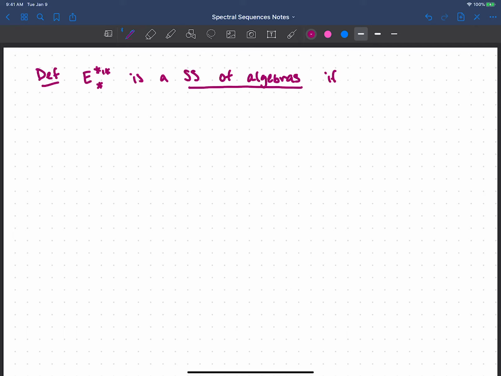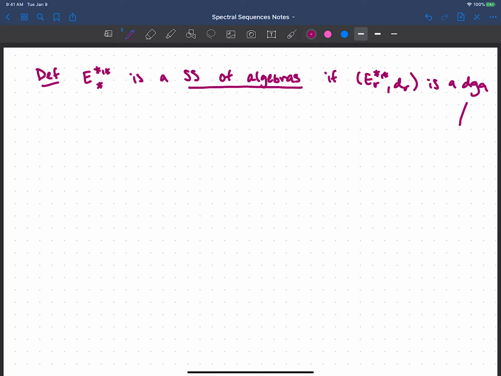And it's a spectral sequence of algebras if we look at each page and we see that this is a DGA. So that's a differential graded algebra with respect to this differential dr. And to even be able to say that it's a DGA, then I have to satisfy the Leibniz rule, right? And that Leibniz rule used the degree.